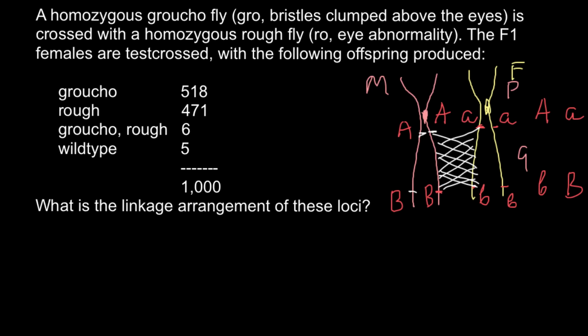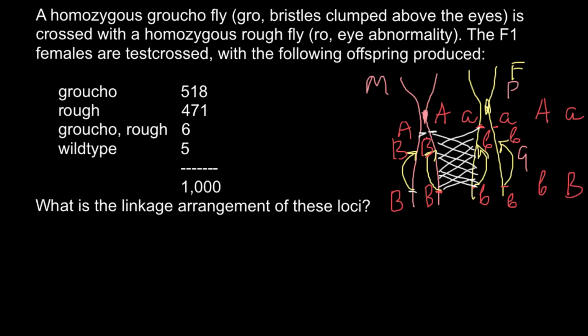But imagine if we, for example, move this locus here to a new place, and this is going to be capital B here, and small b here.